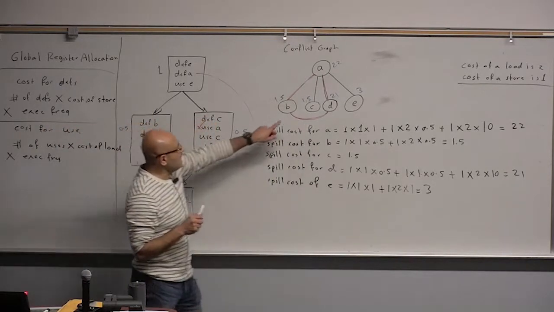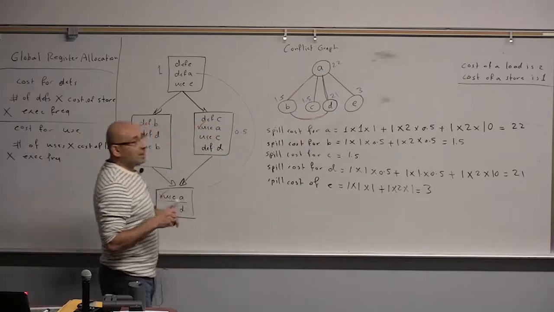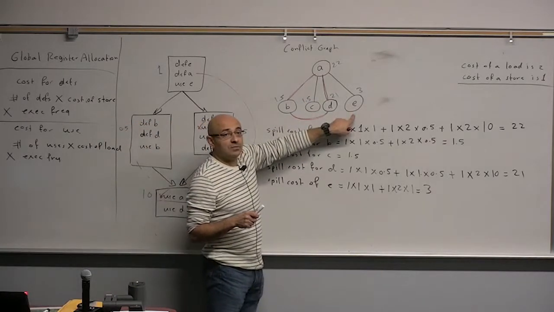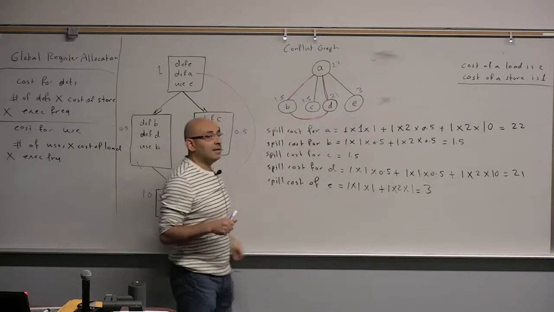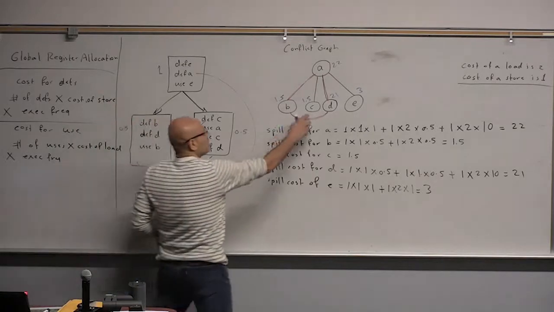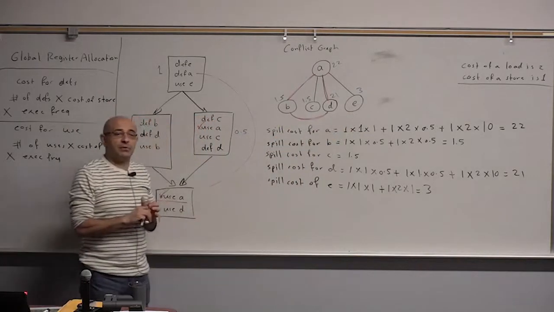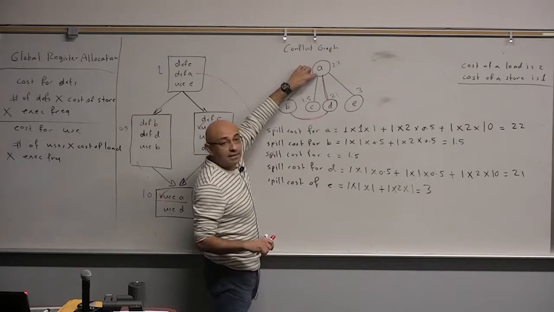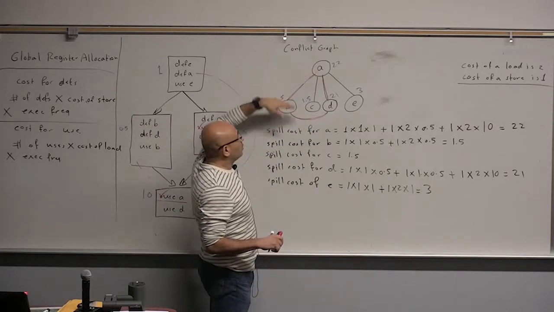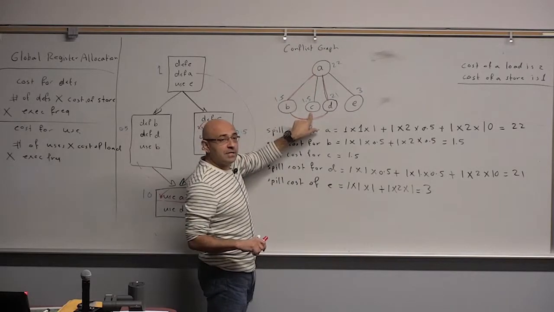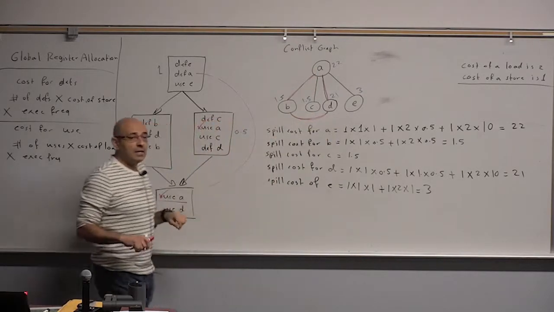So for C and E, the number of conflicts for C is 1, the number of conflicts for E is 1, and 1 is less than the number of physical registers. What does it mean? It means that you can always color them easily. You will never fail to color them, because C only has to have a different color than A, right? So no matter how you color the rest, you're going to find a color for C, and you're going to find a color for E.